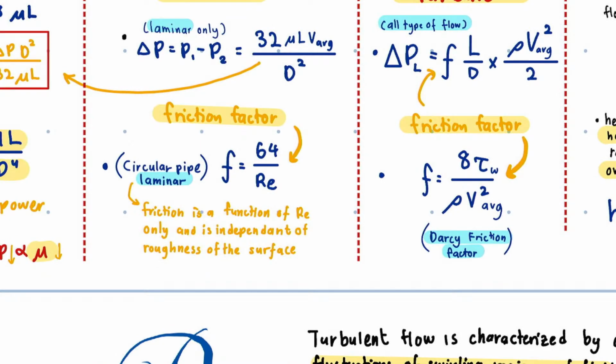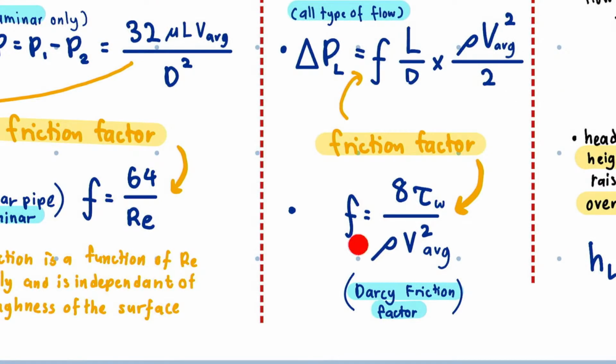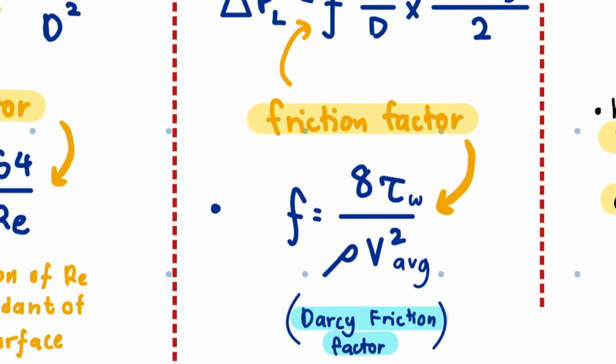So there are a lot of ways for you to find the friction factor, and also a lot of parameters if you don't have them. So for this one, they give you the skin friction and also the viscosity and the velocity, but usually they don't give the skin friction.